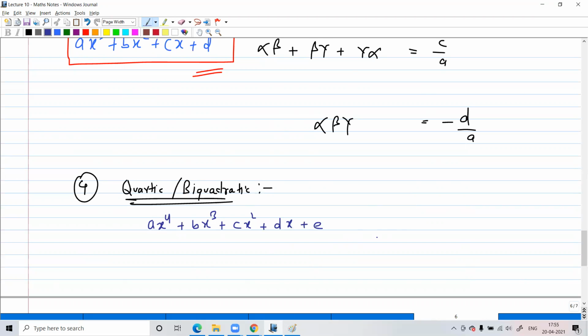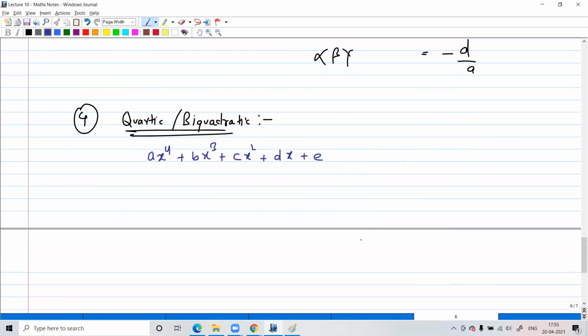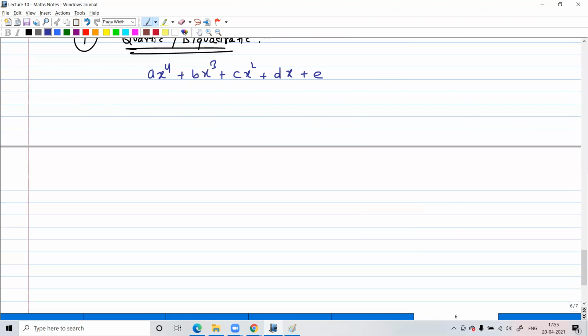Okay. So if that is the case, what can we write? Same thing, like I said, we will start with minus b by a. What do you think it will be equal to? The sum of all the 4 zeros. Alpha, beta, gamma, and delta.